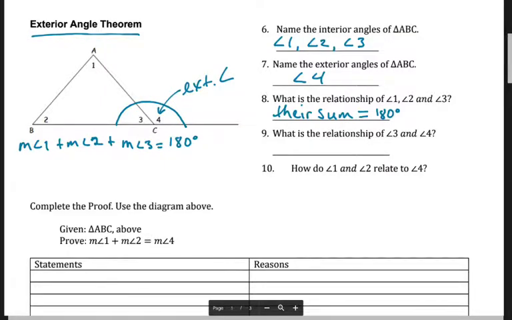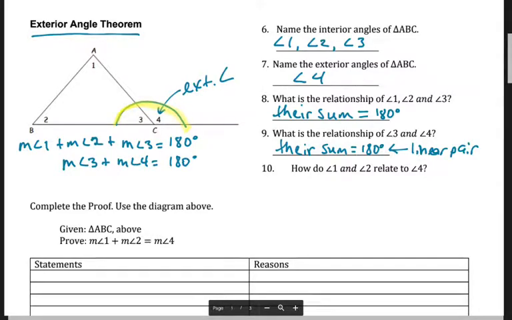Well, those two angles form a linear pair, and we know that a linear pair are supplementary. Basically, again, their sum is 180, because they're a linear pair. So we can write the measure of angle 3 plus the measure of angle 4 equals 180 degrees.